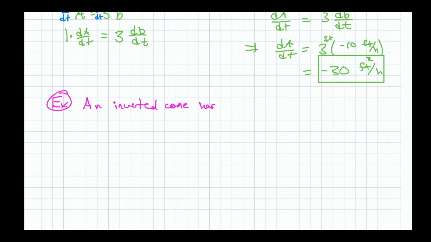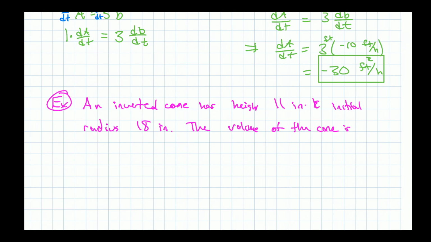Cone has height 11 inches and initial radius 18 inches. Okay. The volume of the cone is decreasing. How is that happening? At a rate of 541 cubic inches. I started to write centimeters.